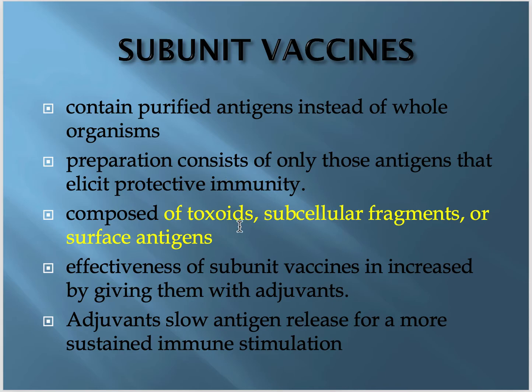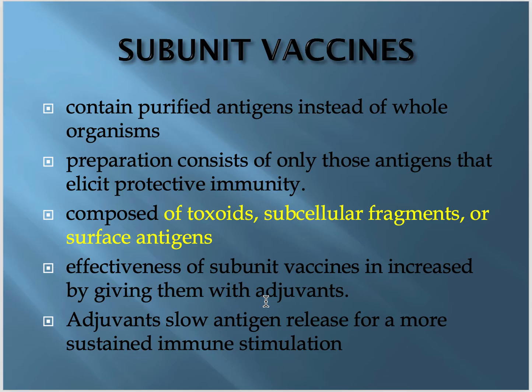And they can be composed of toxoids, subcellular fragments, or surface antigens, okay. And the effectiveness of subunit vaccines is increased by giving them with adjuvants, okay. I mean, sometimes with subunit vaccines, we need to add some adjuvants to increase their effectiveness, okay.